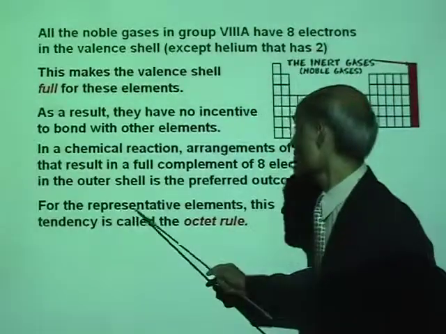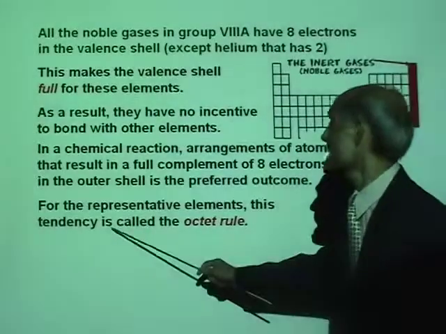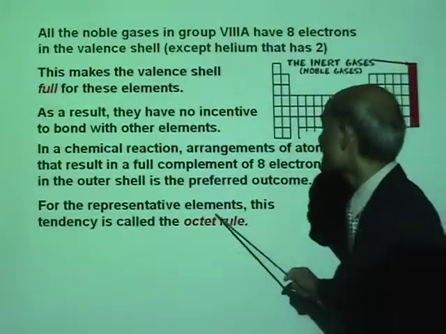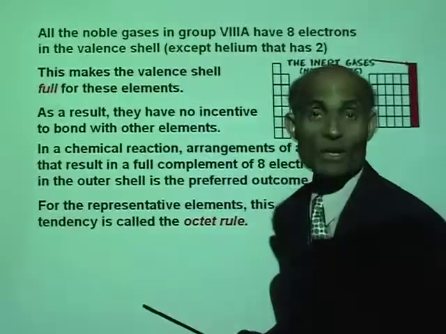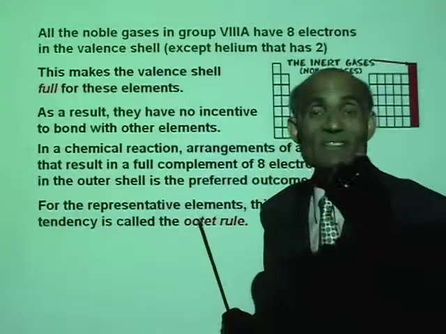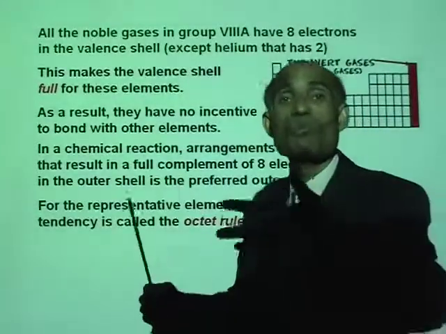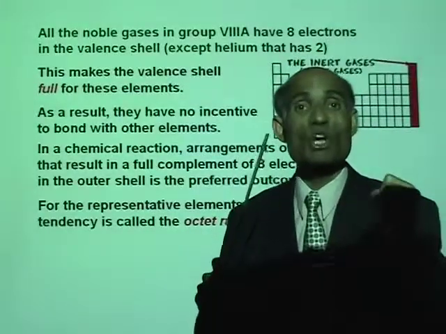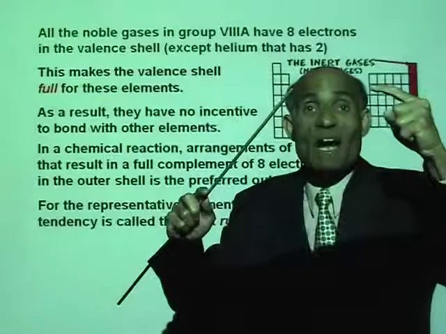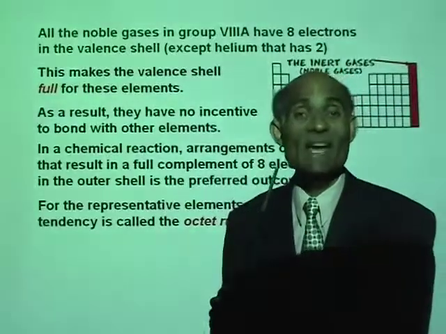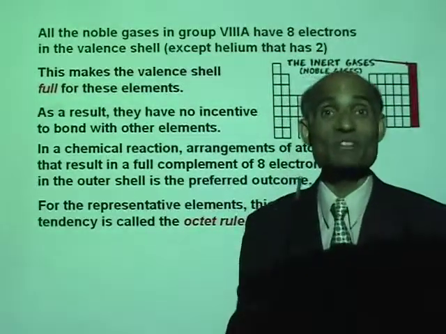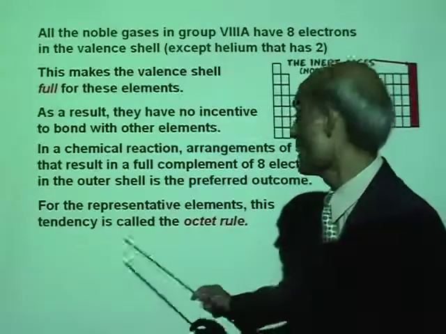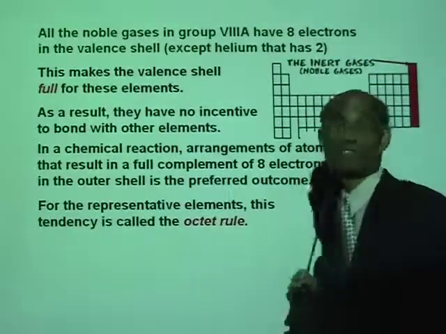Now, for the representative elements, this tendency is called the octet rule. Well, octet is 8. So what does octet rule mean? It means every element in a chemical combination will strive to achieve the 8 electron configuration for the outer shell. And that is the octet rule.